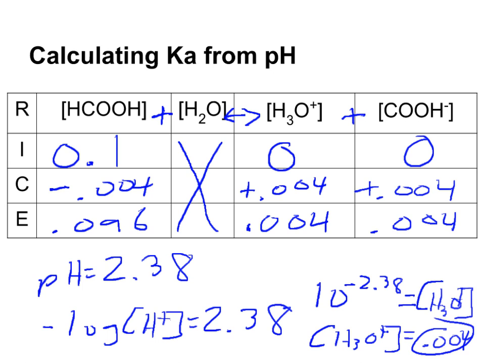So all we did there, we knew the pH, which is the negative log of the hydrogen or hydronium ion concentration. We went from pH backwards to concentration. We used the antilog. Instead of negative log of concentration, we did 10 to the negative x, so the antilog, to find the concentration.